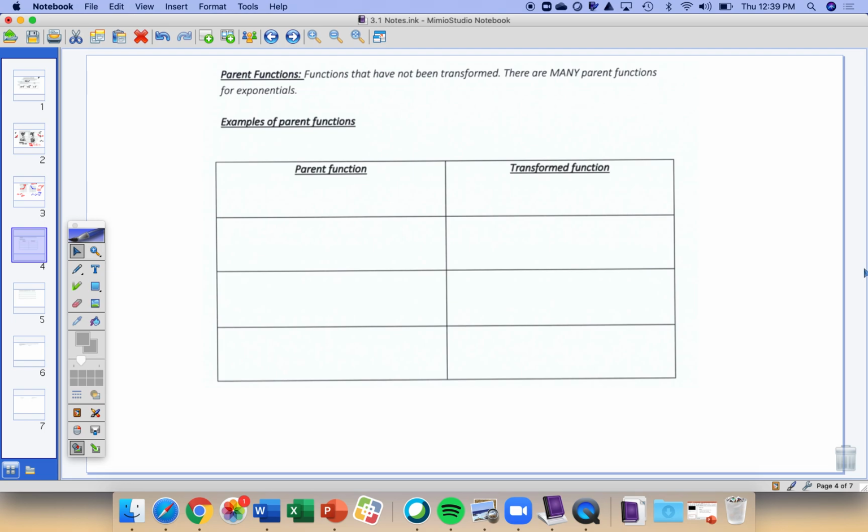For example, this is a parent function. It's the most simplified parabola. This is its transformation, (x plus 2) squared minus 7. That's a transformed function of its parent. Okay? This is a parent exponential function. This is the parent function transformed.